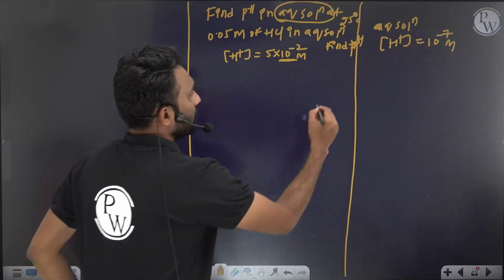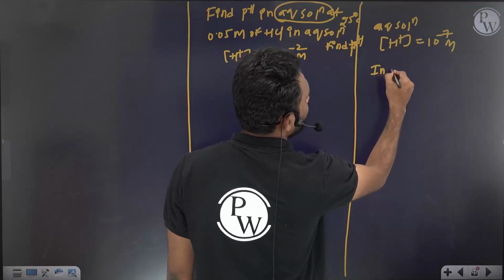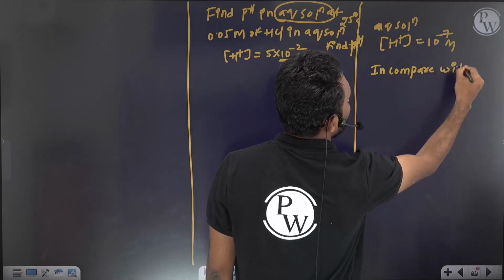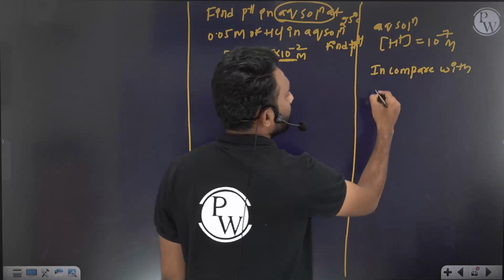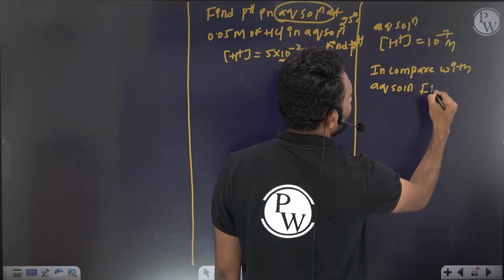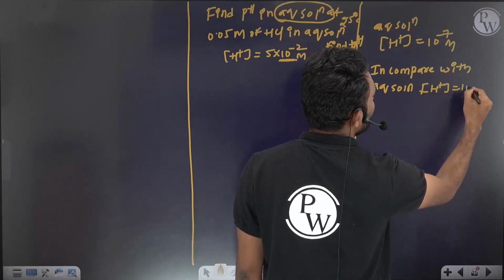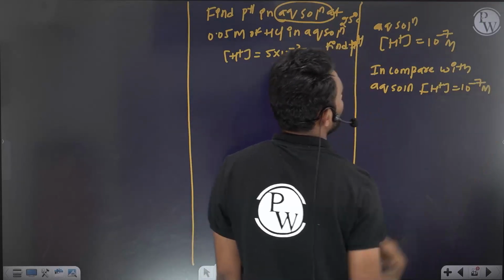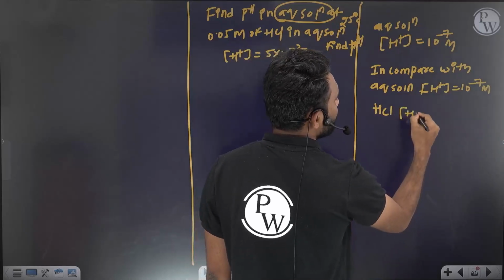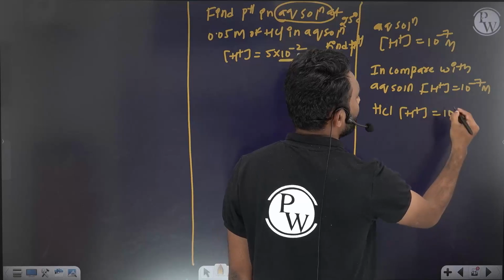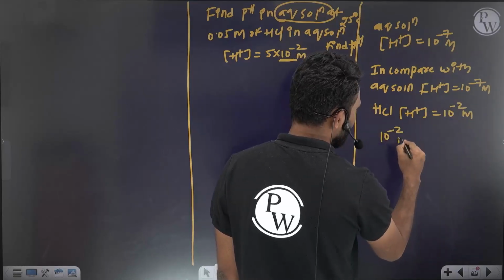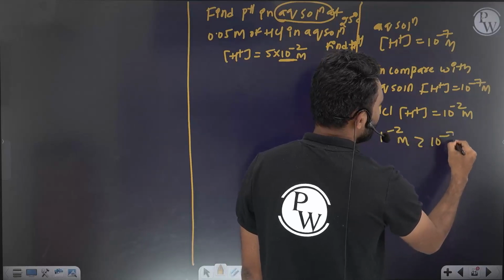Now look here, in comparison, in water the H plus ion concentration is 10 to the power minus 7 molar. HCl H plus ion concentration is 10 to the power minus 2 molar. 10 to the power minus 2 molar is higher than 10 to the power minus 7 molar.